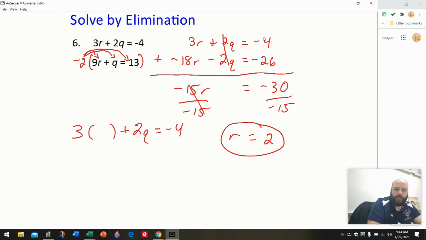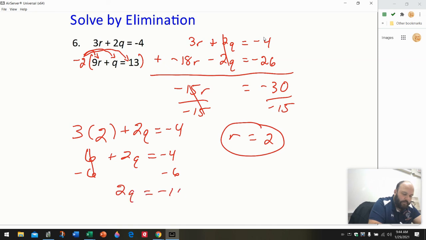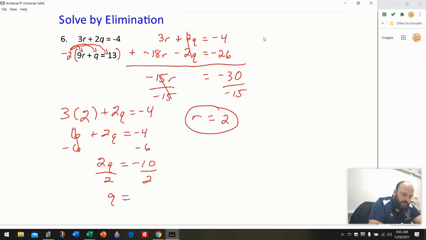In place of r, I'm going to write 2. So 3 times 2 is 6. I'm going to subtract 6 from both sides. So 2q equals negative 10. And then when I divide both sides by 2, I get q equals negative 5.